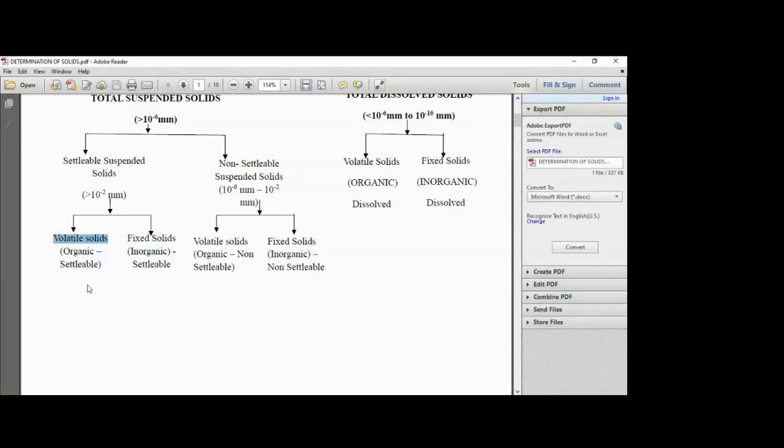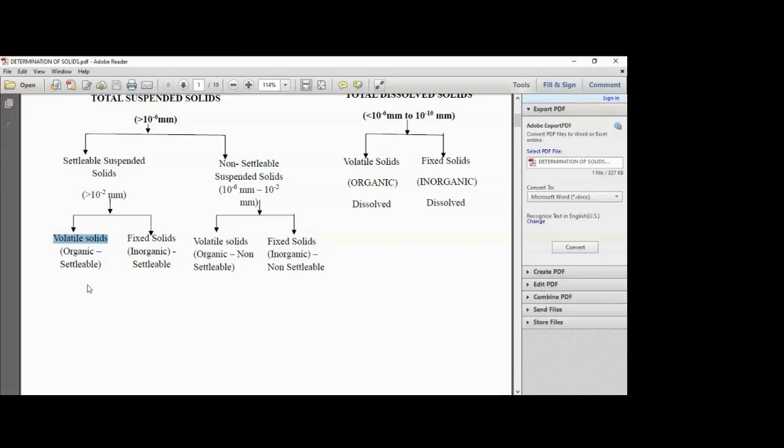Why so? Because when you heat the wood, what will happen? Lastly, only the ash is going to remain, right? So all those particular things will get utilized. All the volatile matter or the organic matter in that wood will escape or get utilized, and hence it is called the volatile solid.